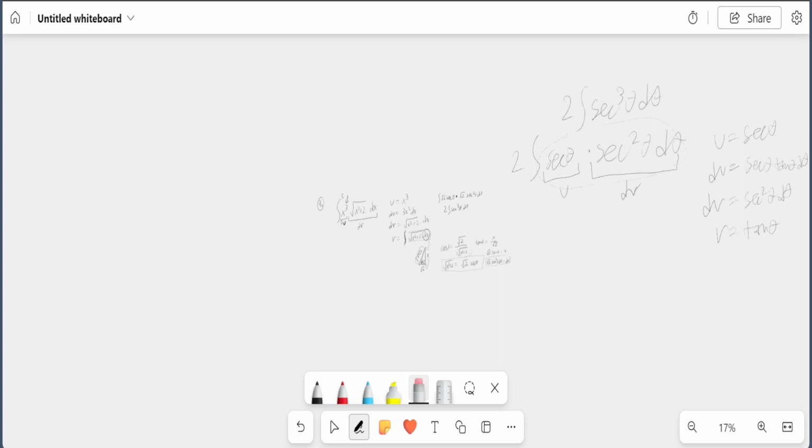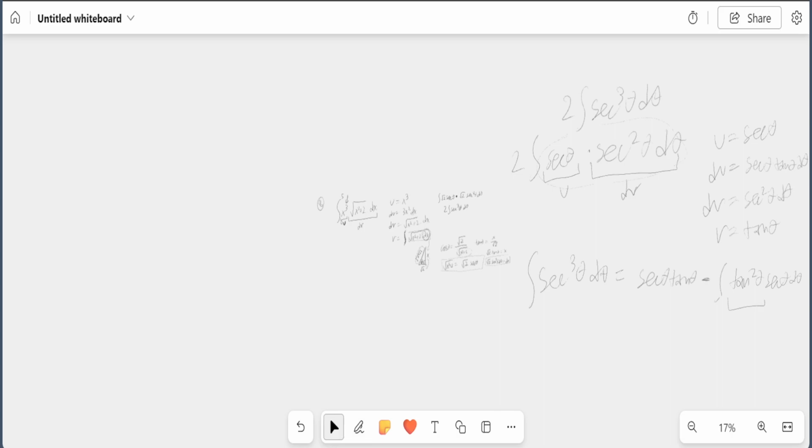And so uv is secant theta tangent theta minus the integral of v du. Actually, this one's very interesting. Let me write it on this side. So uv, secant theta tangent theta, minus the integral of tangent squared theta secant theta d theta, right? Well, what's tangent squared theta? We just figured that one out.